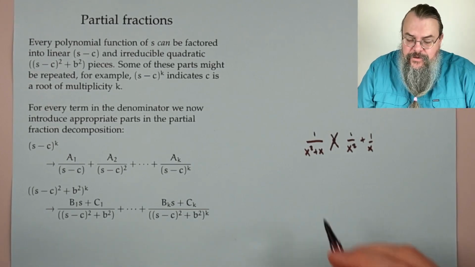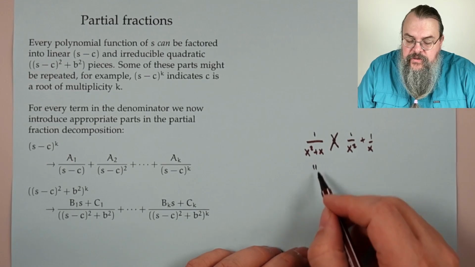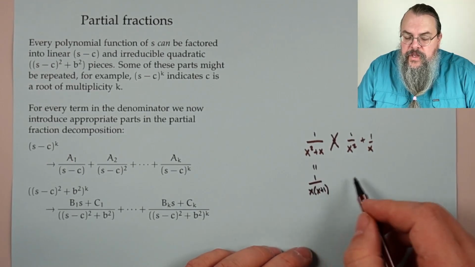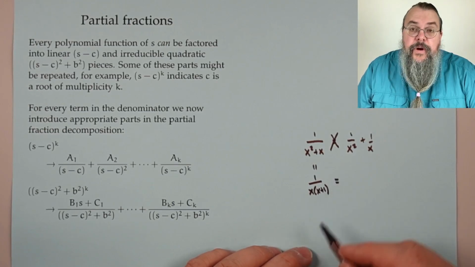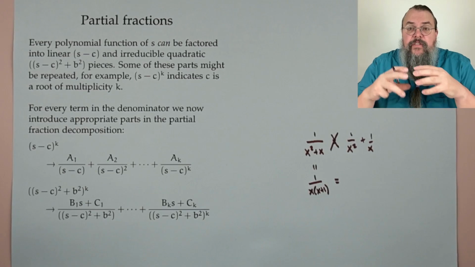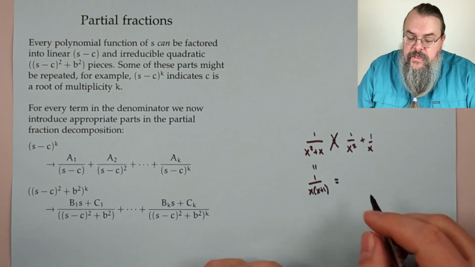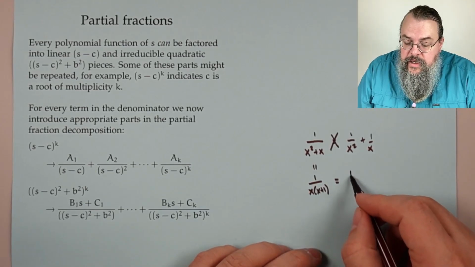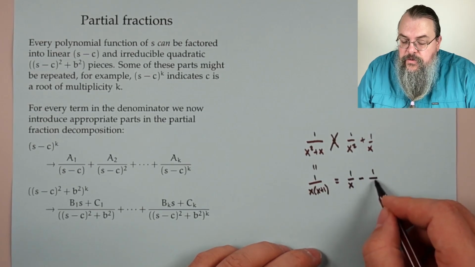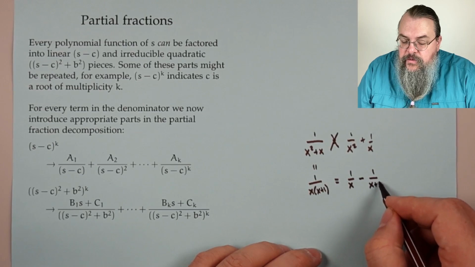So what can you do? Well, what you can do is you could say, well, this is really 1 over x times x plus 1. And when you do partial fractions, you say, oh, I want to separate it so it's just something over x plus 1. And it is possible. And it turns out this is 1 over x subtract 1 over x plus 1.